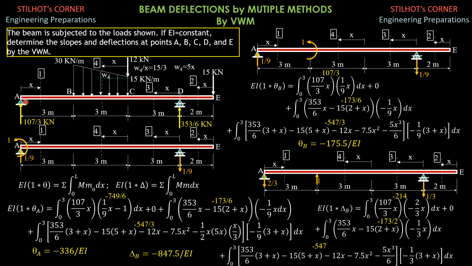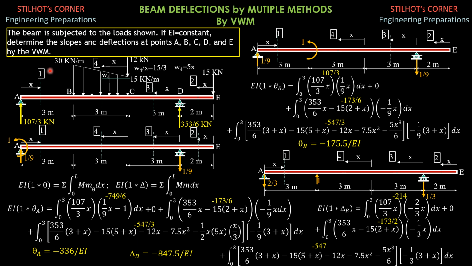So for theta A, EI times 1 times theta equals, for this segment, the moment, of course, remember the sign convention, positive at the left clockwise, at the right counterclockwise, or any convention as long as you consistently apply that sign convention.